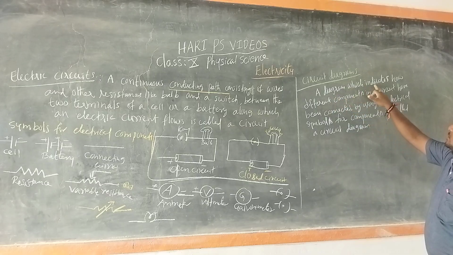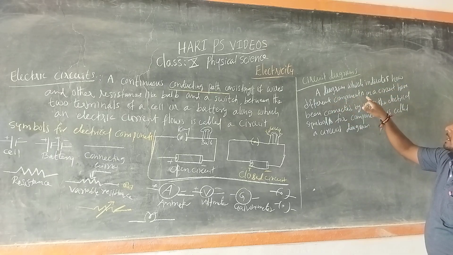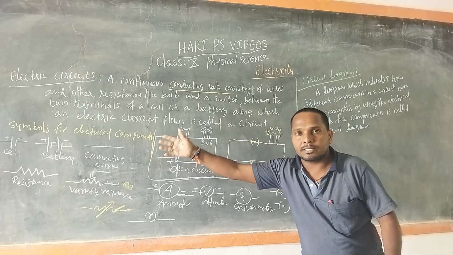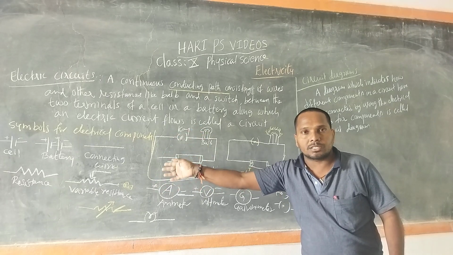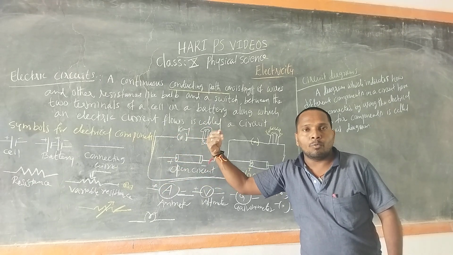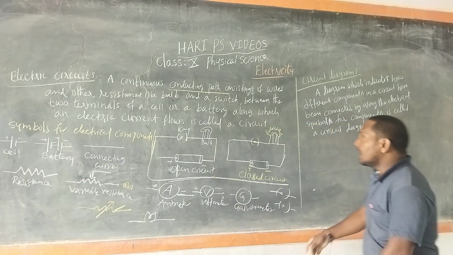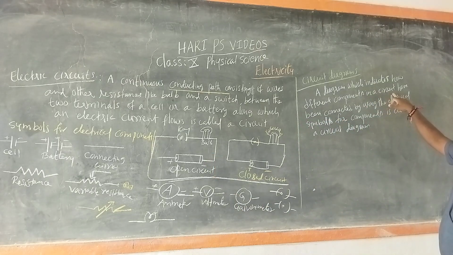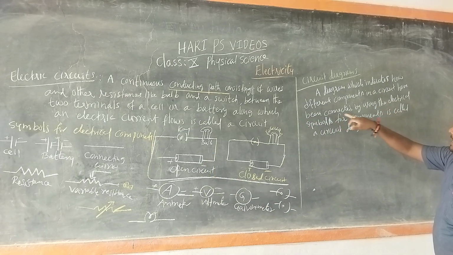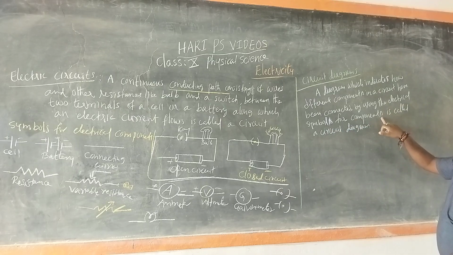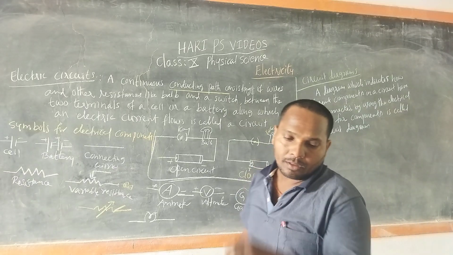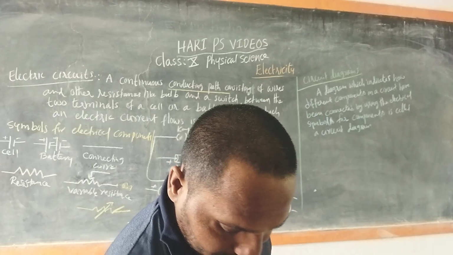A diagram which indicates how different components, the cell, battery, resistors, ammeters, switches, bulb, voltmeter, galvanometer are arranged and connected in a circuit by using the electric symbols for components is called a circuit diagram.